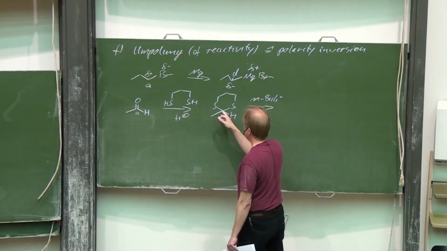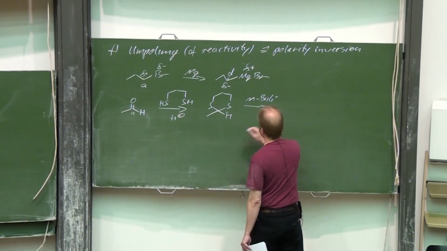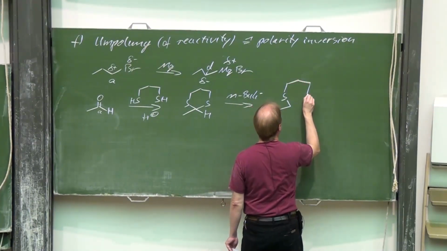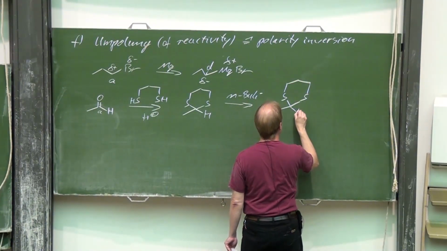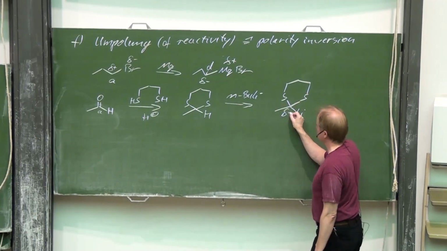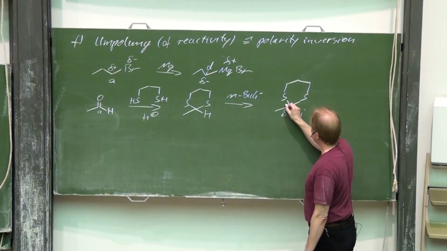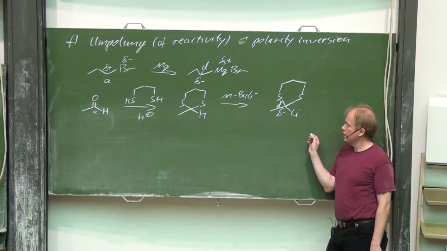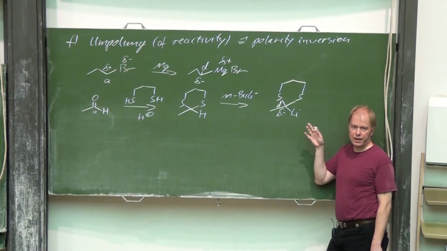Therefore, we get a lithiation at this carbon. Now we have a delta minus here. Therefore, donator reactivity at this position, and it can react then as a nucleophile.